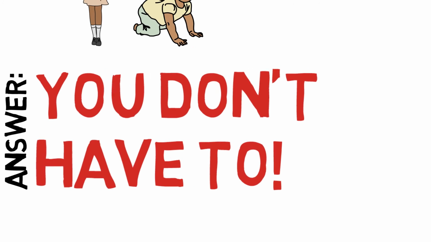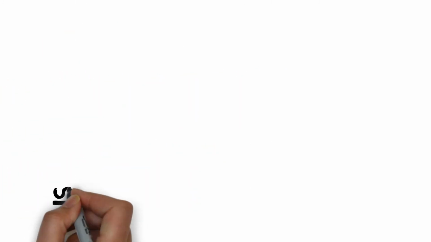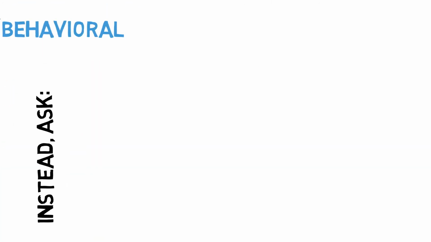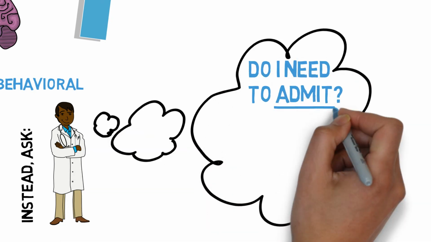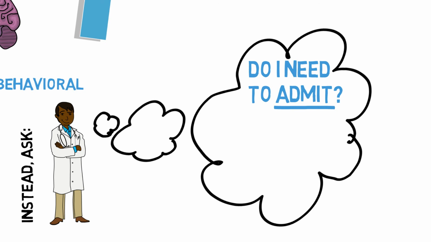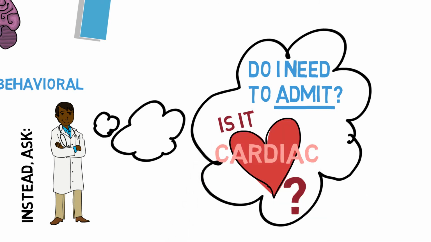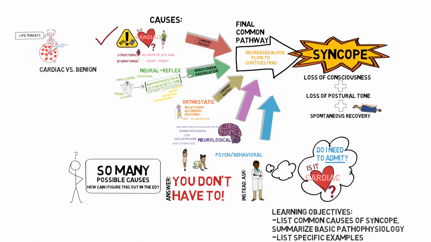Instead of asking, what exactly is going on? In the ED, we often ask, do I need to admit this patient? Or, in the case of syncope, is it likely to be cardiac? So, while we need to have all of these possible causes of syncope in the back of our minds, cardiac, neural reflex, orthostatic, neurologic, psychiatric, we may not even arrive at a diagnosis in the ED.